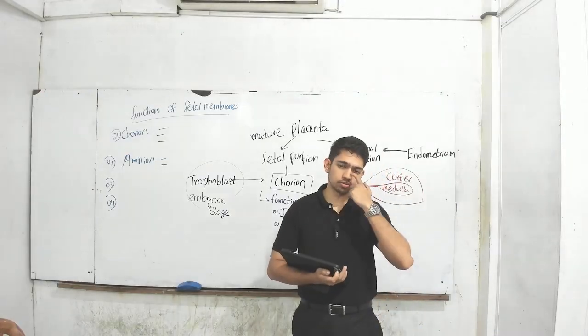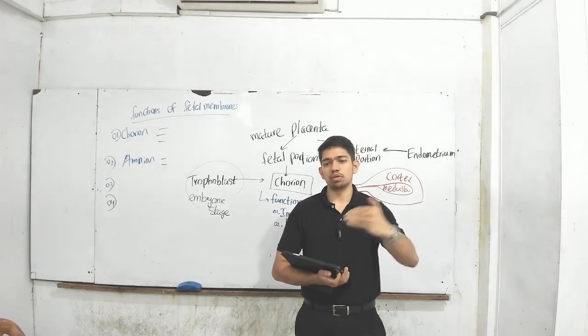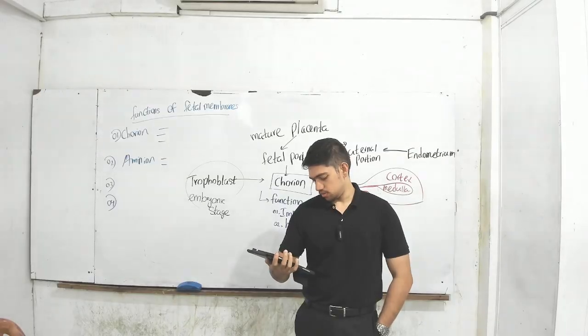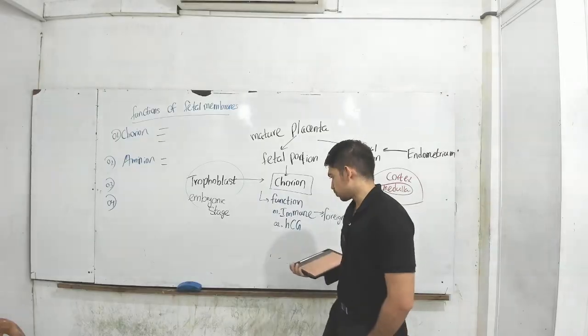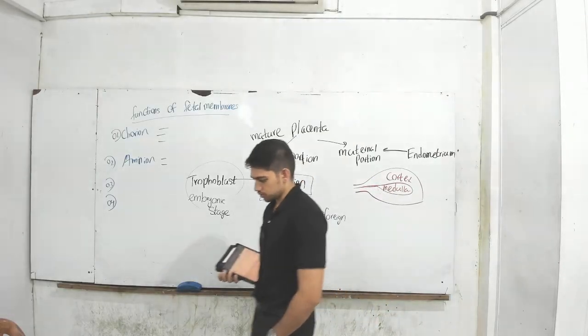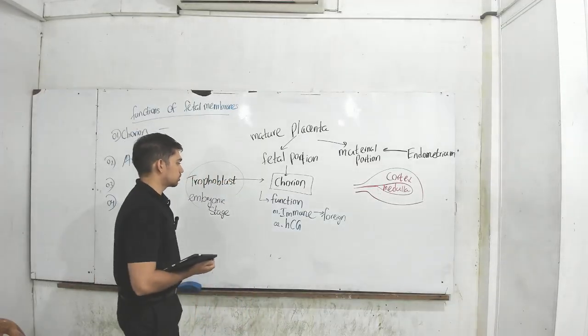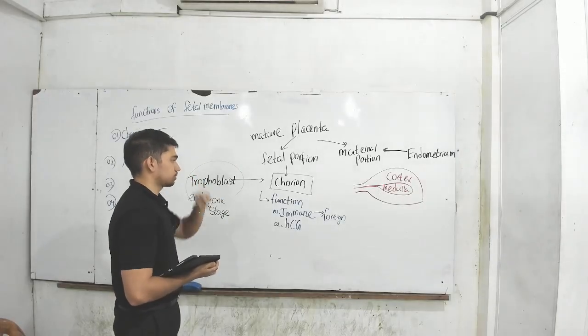So blood doesn't mix means what? Immune cells and antibodies cannot come into the fetal blood. Then 5, the placenta produces hormones, HCG, progesterone. Now can you see? Which part of the placenta produces HCG? The chorion, or the fetal portion.